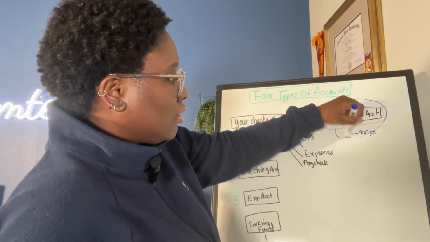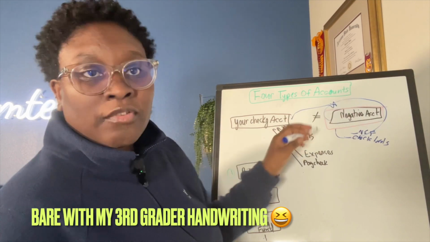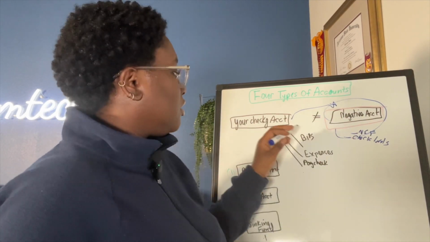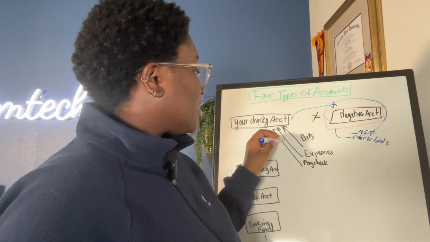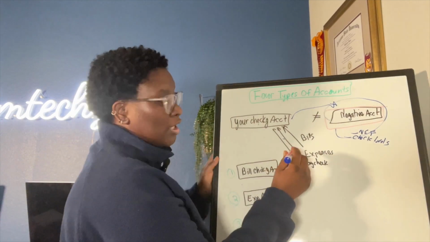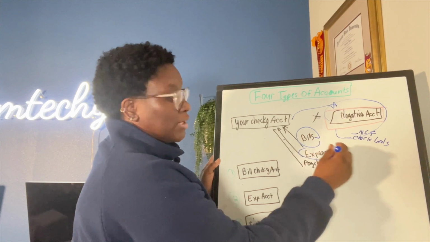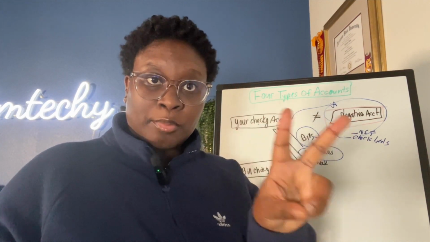You don't have enough coverage for every bill that comes out, because you need to separate these accounts. You need to separate your bills from your expenses, right? They need to be two separate accounts.